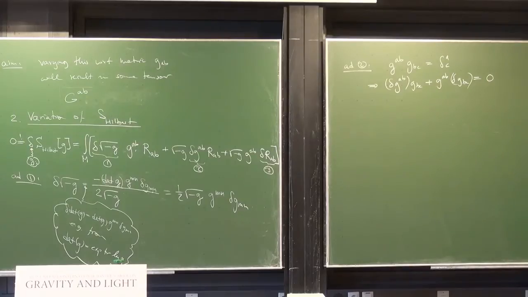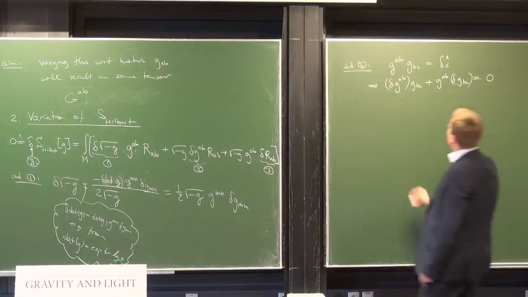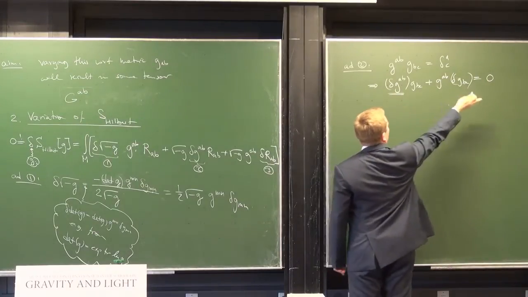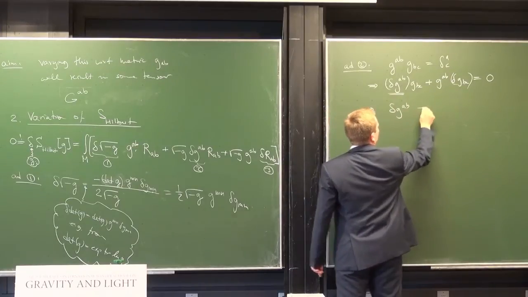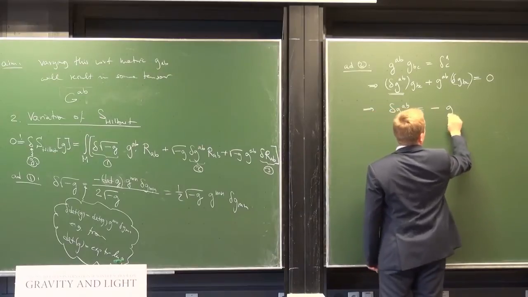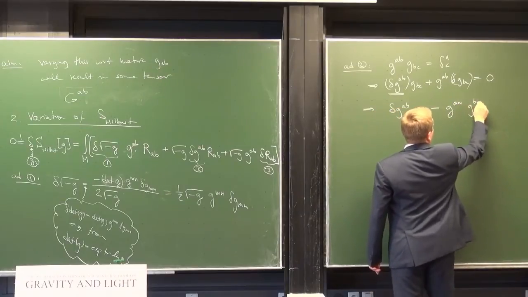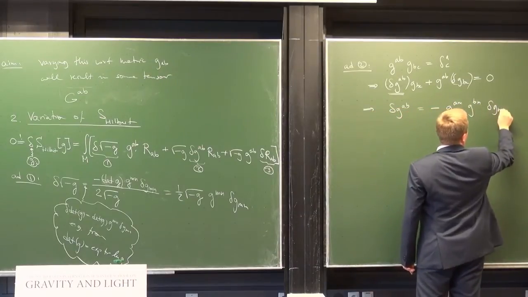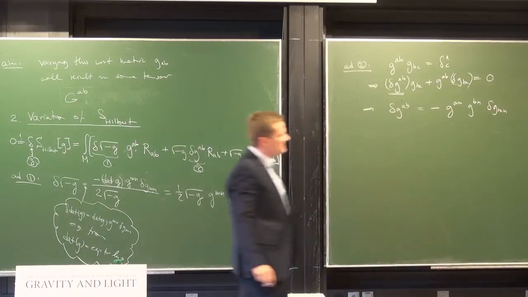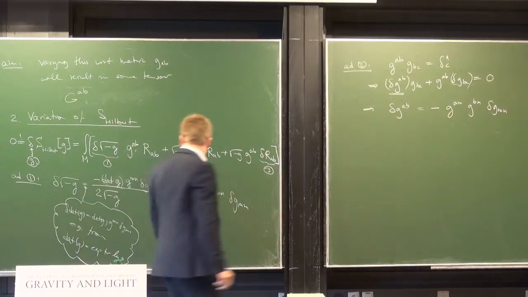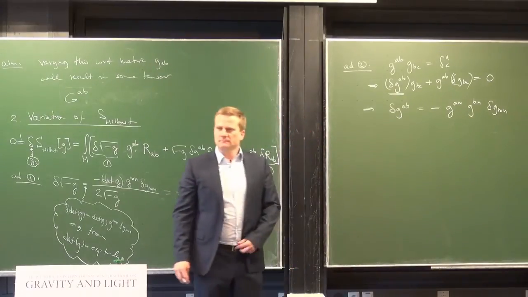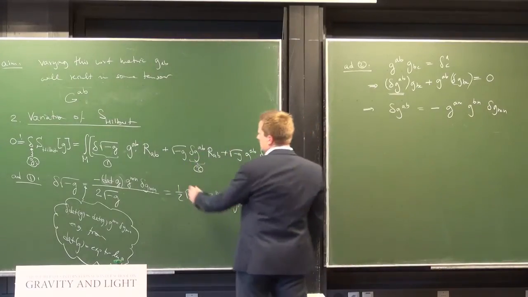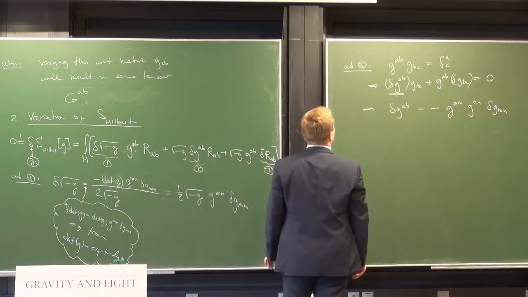I applied the variation to both sides, but then I can isolate this by pulling the g to the other side, and this gives you delta g^{ab} equals minus g^{am} g^{bn} delta g_{mn}. And I renamed indices in the last line to make the result look more memorable. Okay? So it's the second little result we're going to use here.